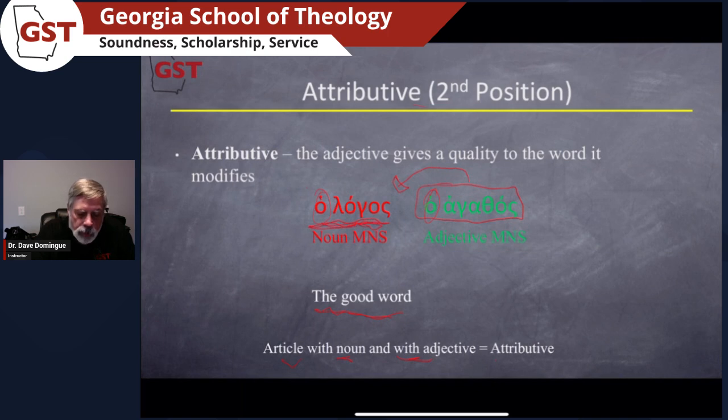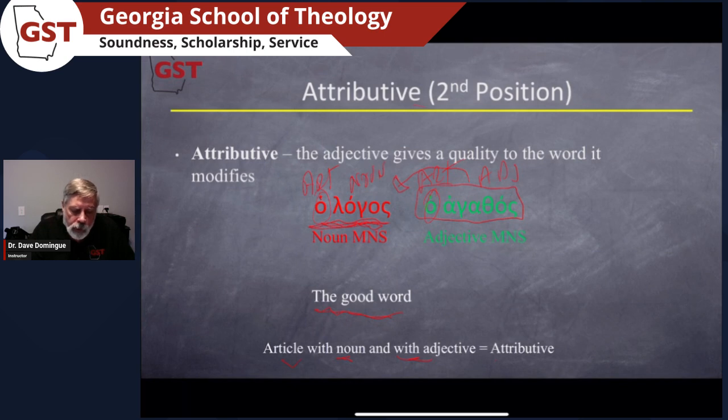The order would be article, noun, article, adjective, which you never have. Notice on page 83 under 9.12, between attributive and substantival, the very last sentence there: you will never find ho agathos ho anthropos. They're using anthropos, ho agathos, the good man, so the good word.